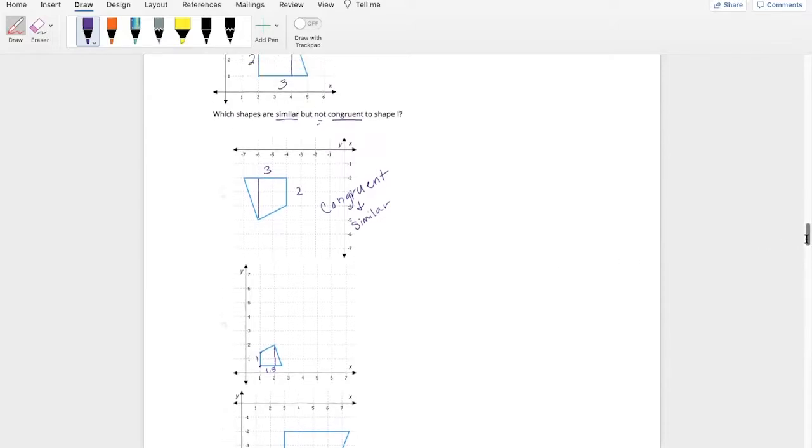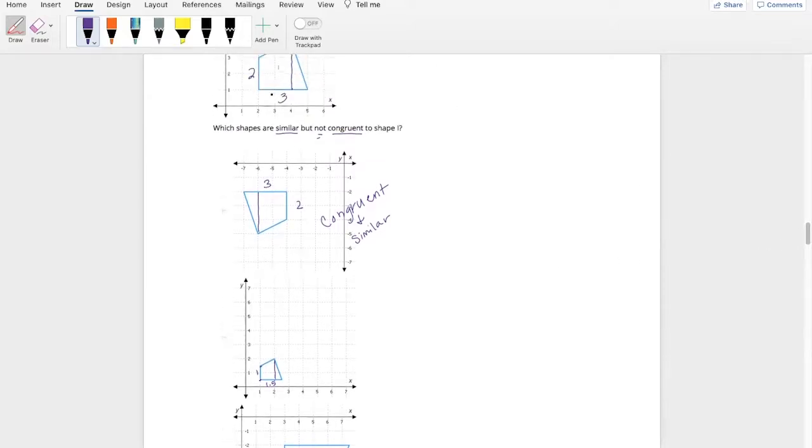And so if I'm looking at that proportion, it looks like this side went from 2 to 1. It cut it in half. And this one went from 3 to 1.5, which is also cut in half. So we say those sides are proportional. That would be a scale factor of 1/2 or 0.5.